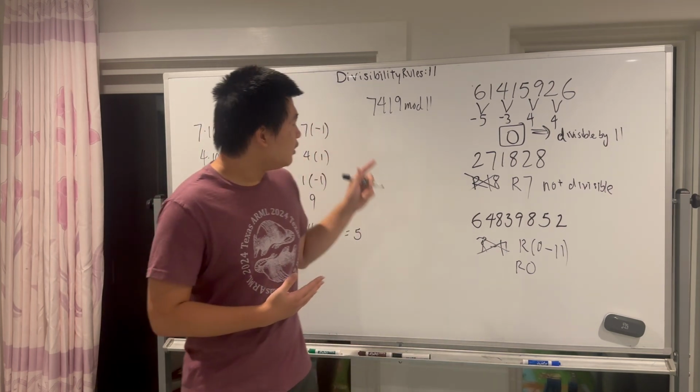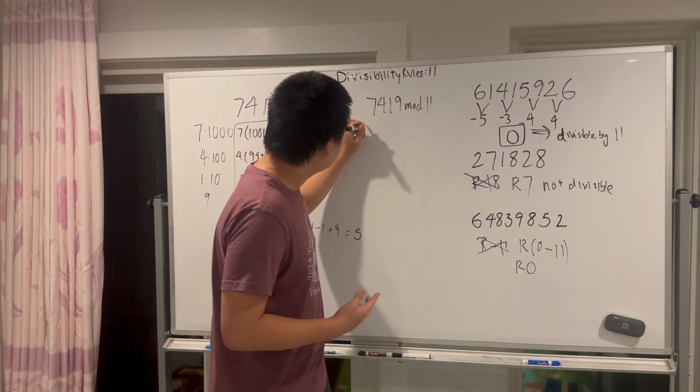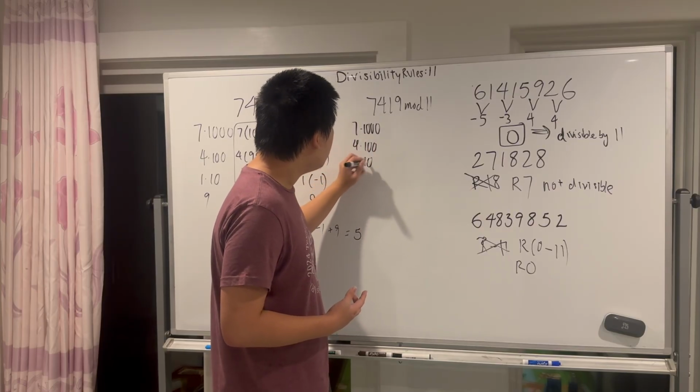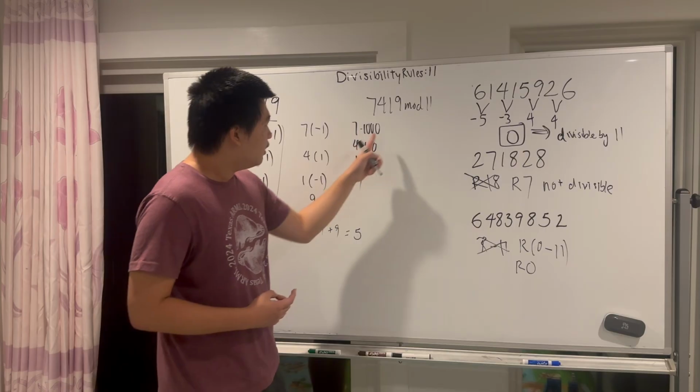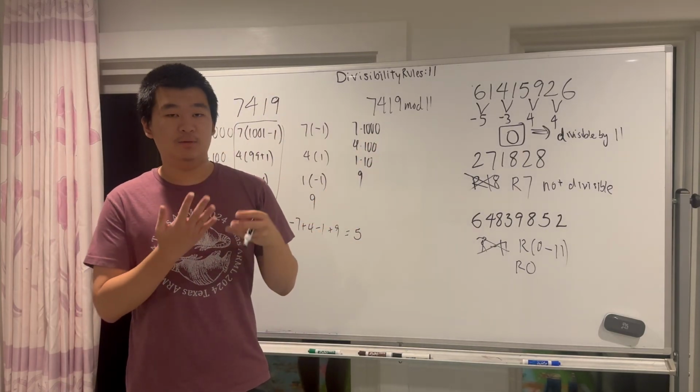Now, if I decompose, I get 7 times 1,000, 4 times 100, 1 times 10, and 9. And the thing you should notice here is that these are powers of 10. Of course, they're powers of 10 because we work in base 10.